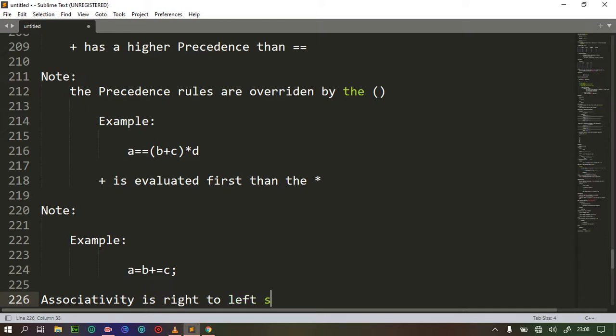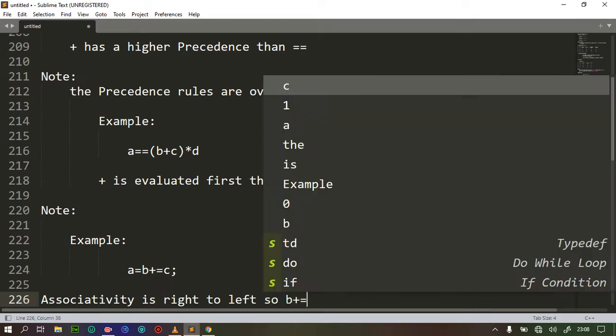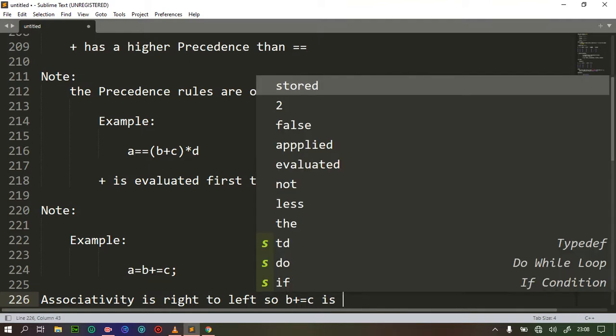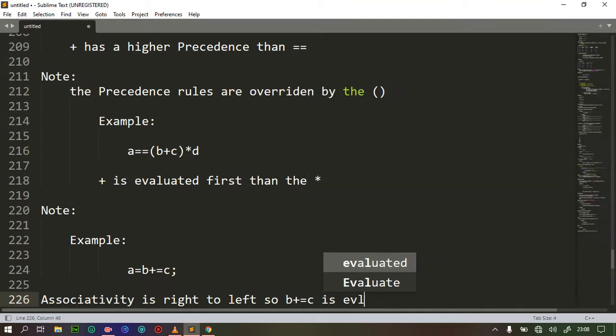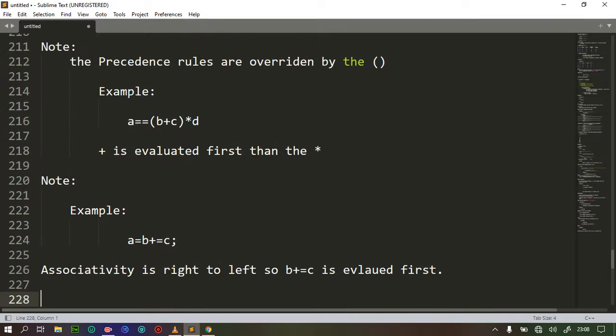So how does it come? B plus assignment C is evaluated first. Guys, are we picking? First of all, I said if you find that operators are sharing the same level of precedence, then you follow the way they are specified within the expression. And again, what you need to know is that for that case, associativity is from right to left.